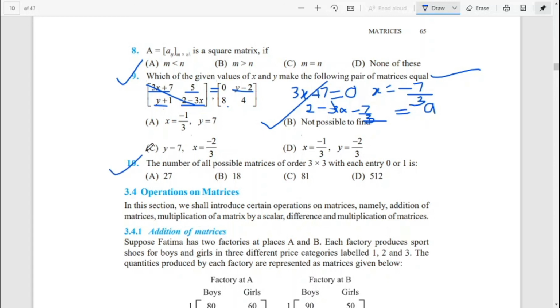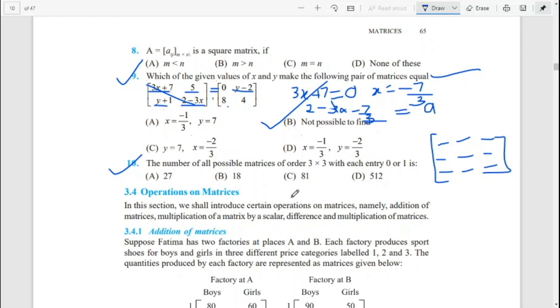Then we move on to the 10th question. The number of all possible matrices of order 3 by 3 with each entry 0 or 1. So we have 3 by 3 matrices. Each entry can be what? 0 or 1. That is, in each element, either it can be 0 or it can be 1.